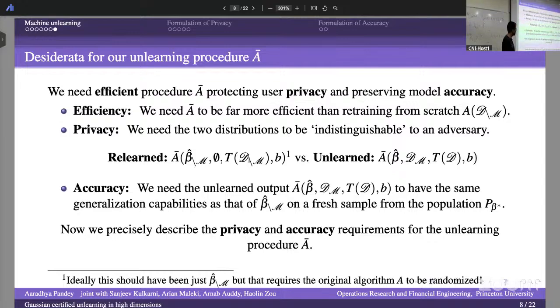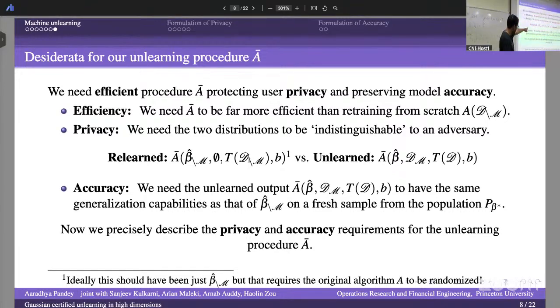But because the original algorithm of Google, according to our assumptions, is deterministic, a fair comparison is to compare with the outputs of A-bar, where you take the unlearned or retrained from scratch estimator, but there is no data removal request. So that's what I mean by this empty set phi. Okay, so there is no removal request that has appeared. It's just the ideal retrained estimator.